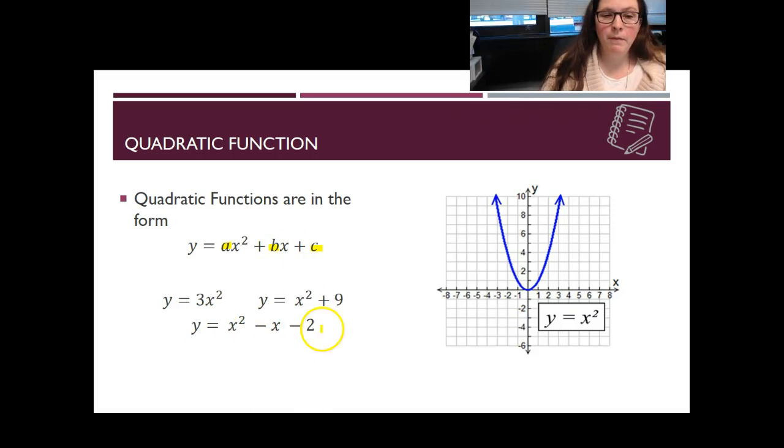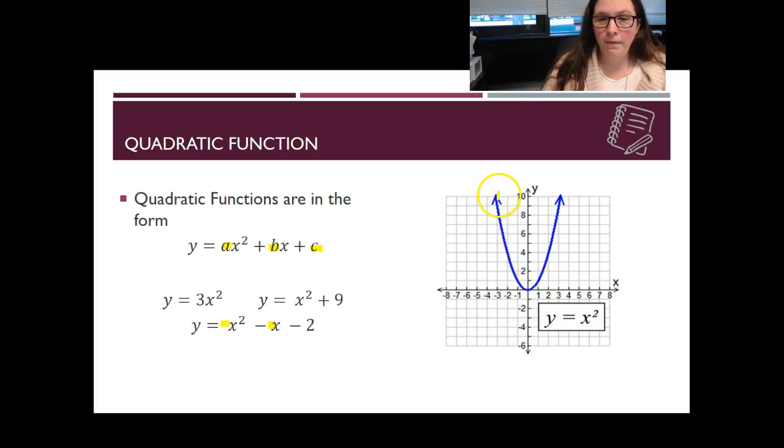The last one here is kind of the most standard way that we see it. We've got y equals x squared minus x minus 2. And the only confusion I expect someone might have in this one is recognizing that the x squared has a 1 in front of it, and that the x here has a coefficient of -1.